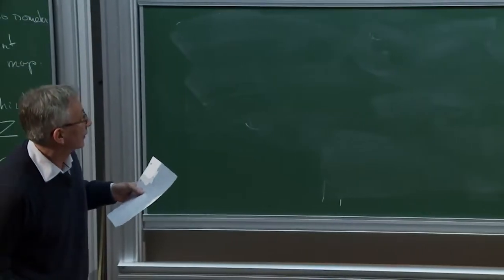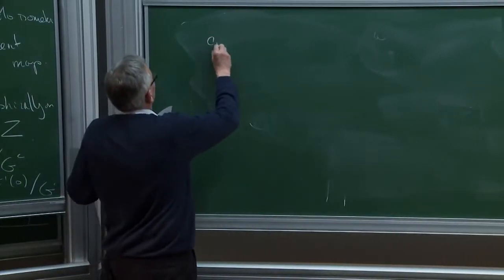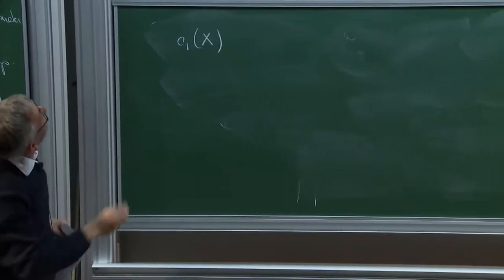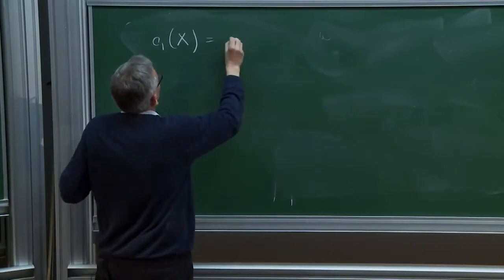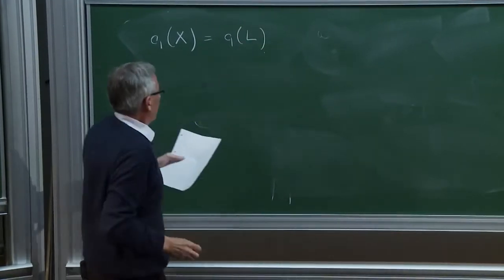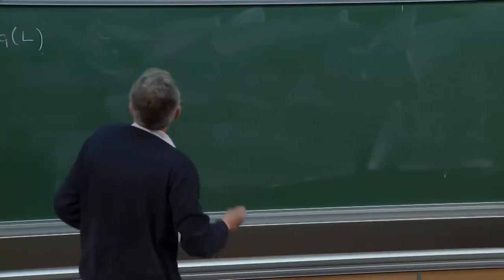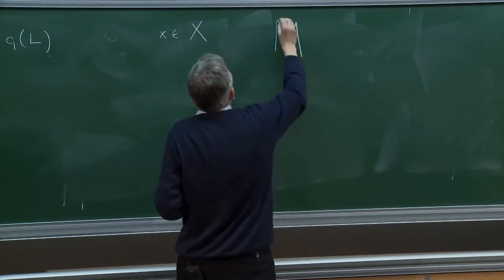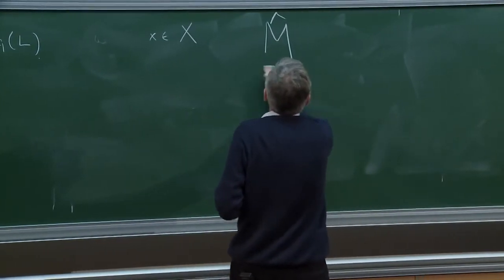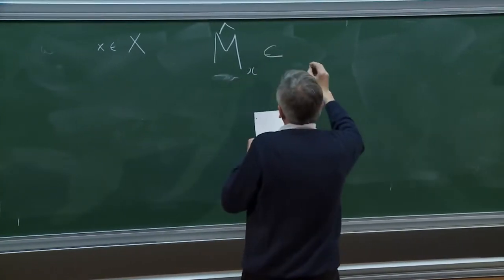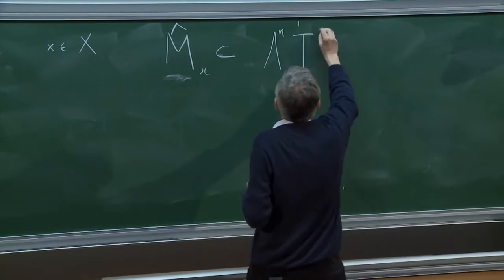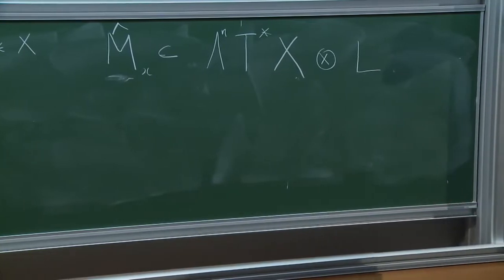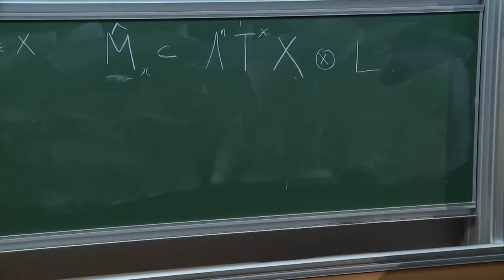So now let's suppose that C1 of X, in the sense of the first Chern class of any almost complex structure, is equal to C1 of L. At each point x in X, we're going to do the corresponding thing, but tensored with our line bundle L at x.